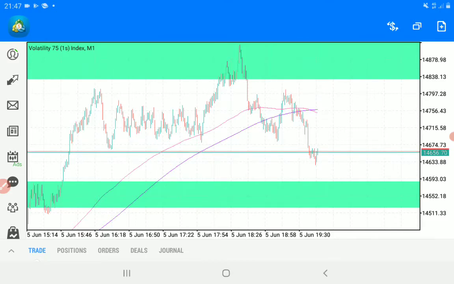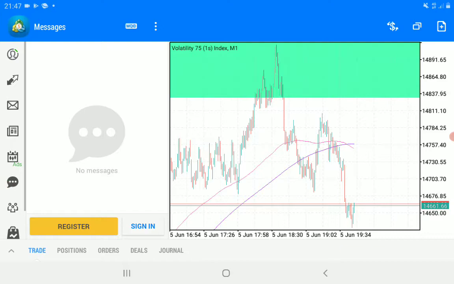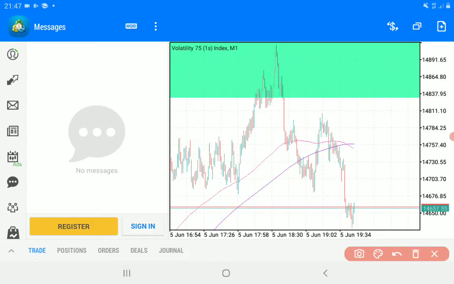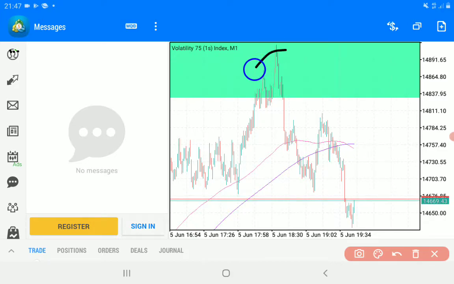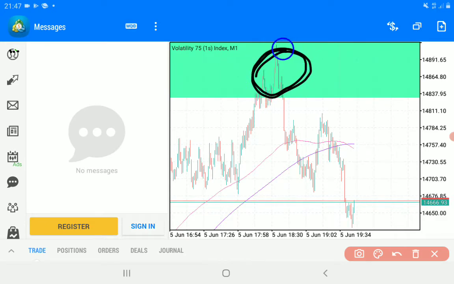So you can see, even here, we looked at the highest time frame, and then now here we saw that this is our strongest resistance.